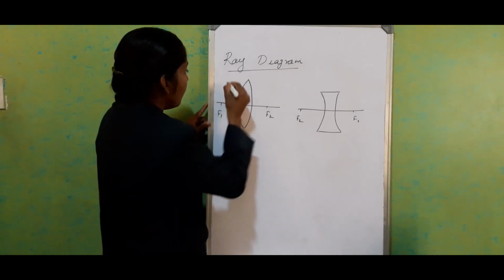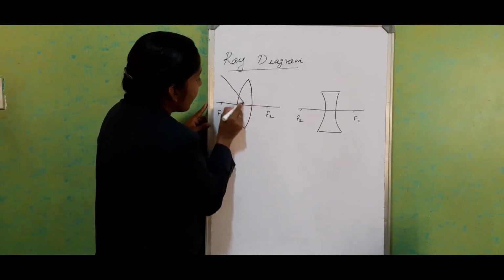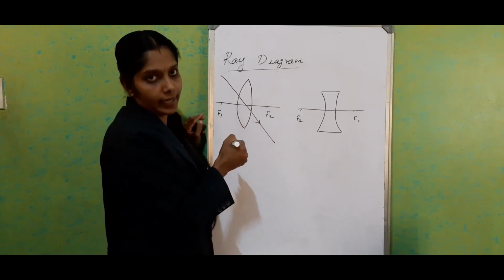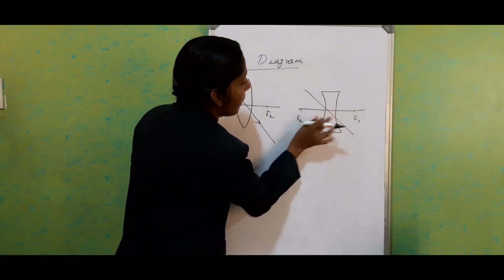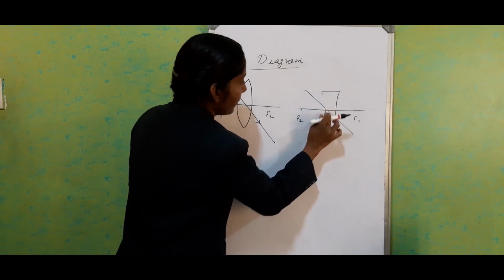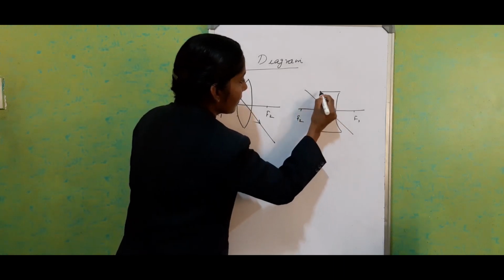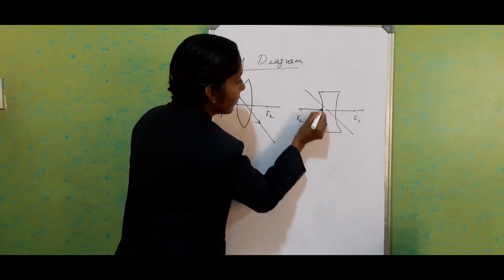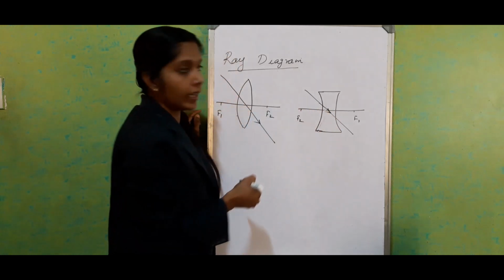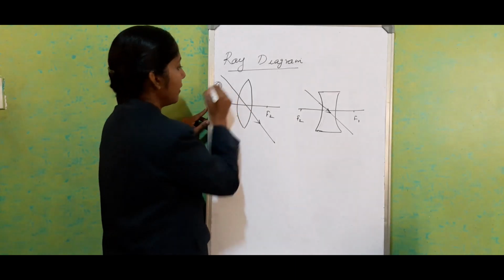The ray which passes through the optic center goes undeviated. This is the first ray.